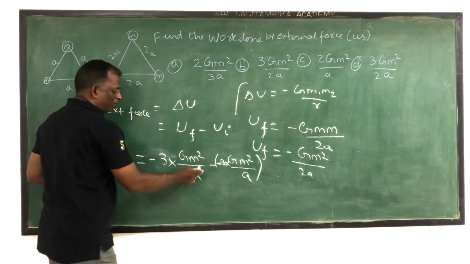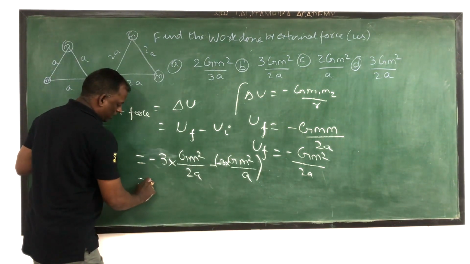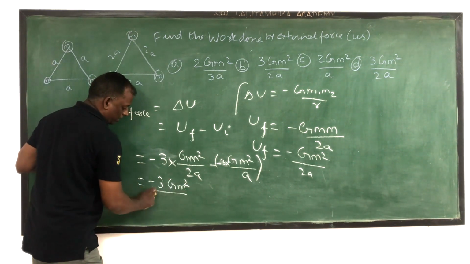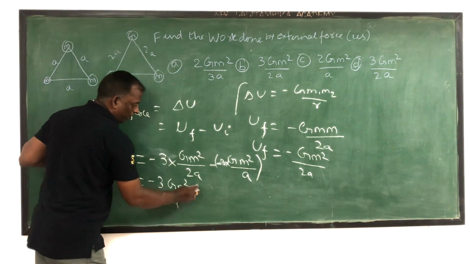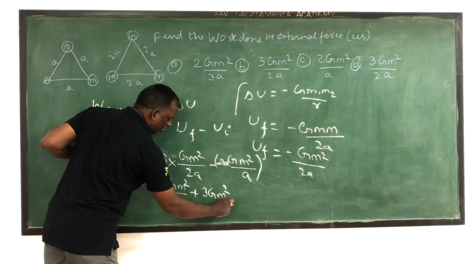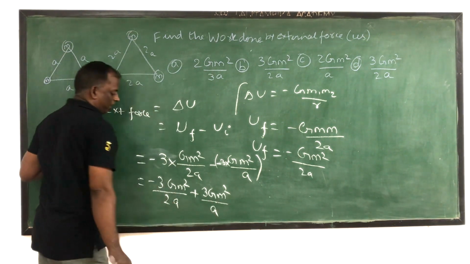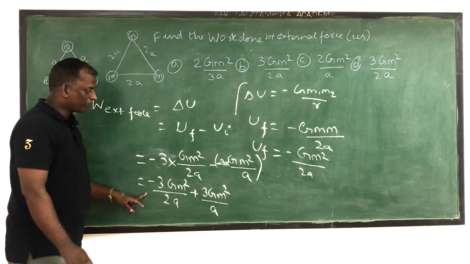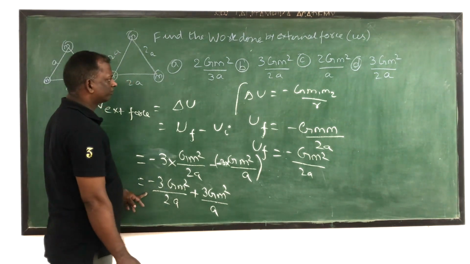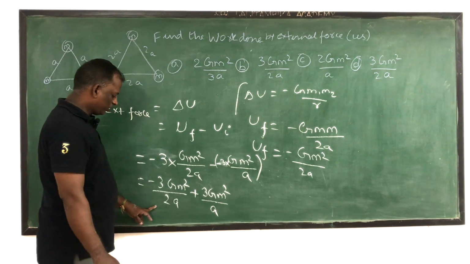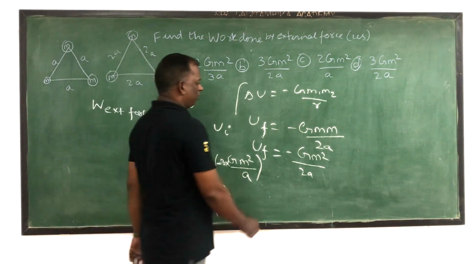Minus 3, so minus into minus it will be plus, minus 3 GM square by 2a plus 3 GM square by a. So what is this, we can solve this. So it is 3a, we can take 3a as common.